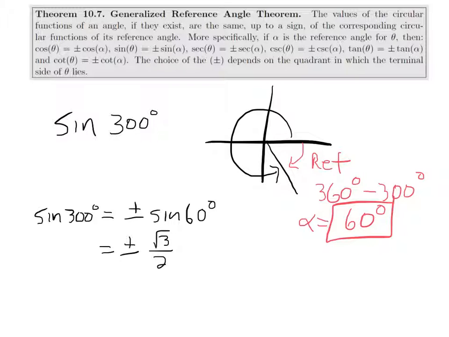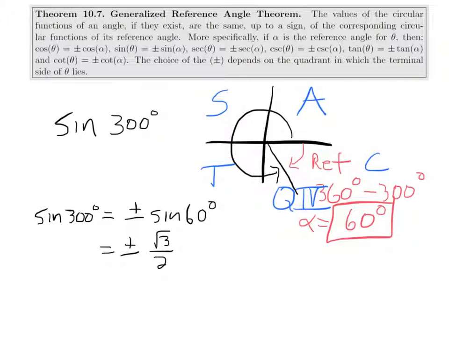So is it plus or is it minus? What we see is this one ends up in quadrant 4. There is a really nice tool: All Students Take Calculus. Now, if you happen to be doing trigonometry for something other than calculus, you can state all suckers take calculus, but that's personal preference.